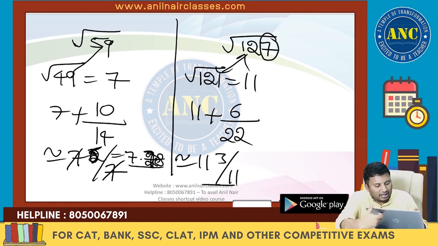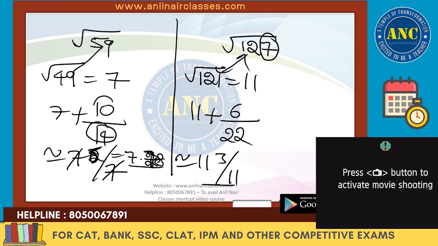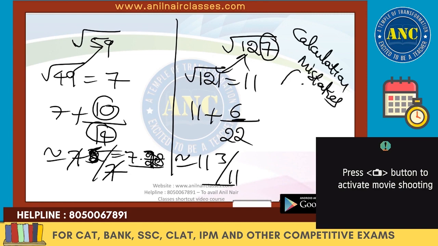These are not 14. These are 10. 7 5 by 7. 121, these 6 and it is 22. If any calculation mistakes are there, please take care. This is something which I might do when I am solving it. Calculation mistake. I hope it is clear.